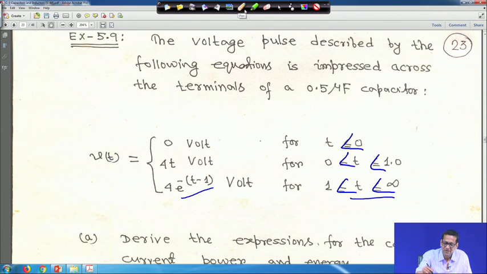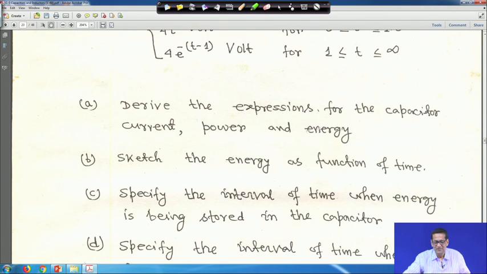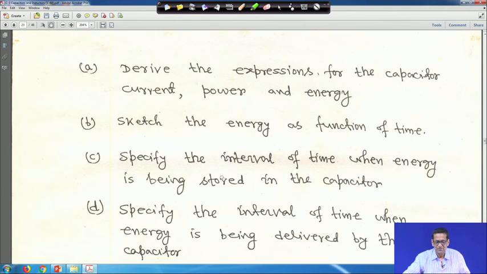So, what we have to do is derive the expression for the capacitor current, power and energy. This is number A. B, sketch the energy as a function of time.